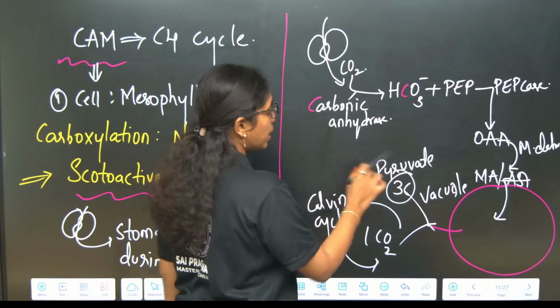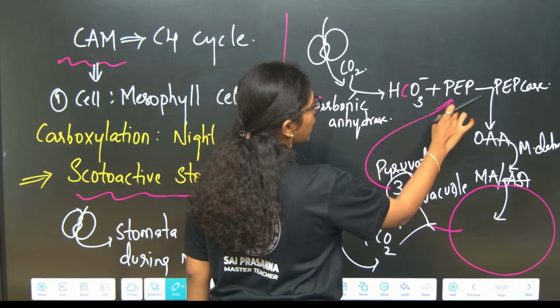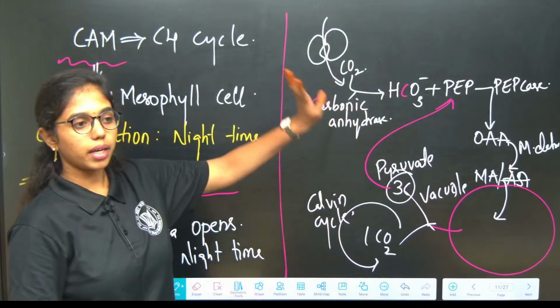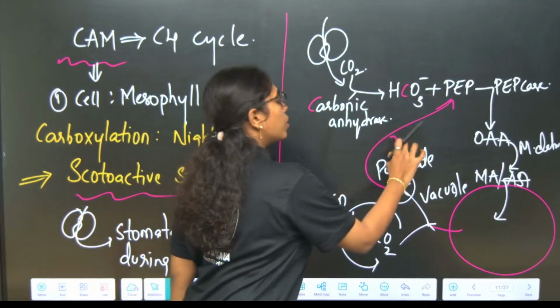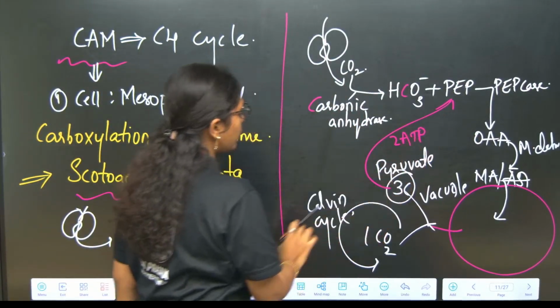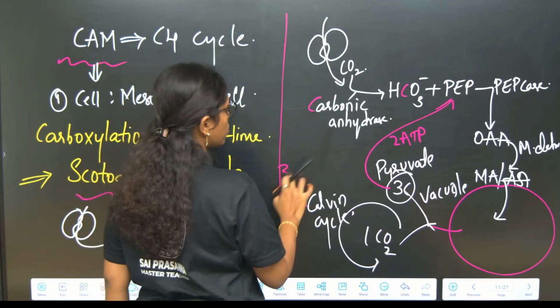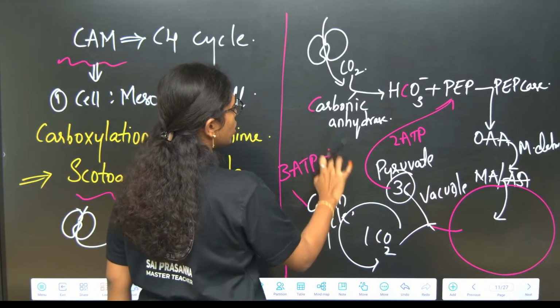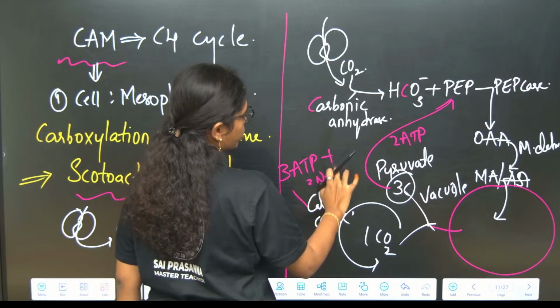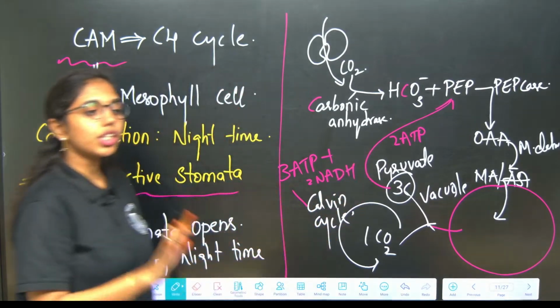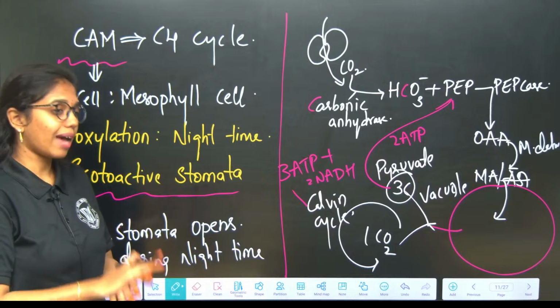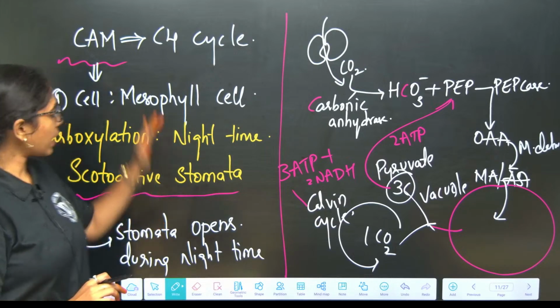Fine. This 3-carbon pyruvate will be again turning to what? Regenerated back to PEP by consuming 2 ATP. And this Calvin cycle, for 1 carbon dioxide it consumes 3 ATP plus 2 NADPH. So the energetics of C4 cycle and CAM cycle are one and the same. What are the only differences?